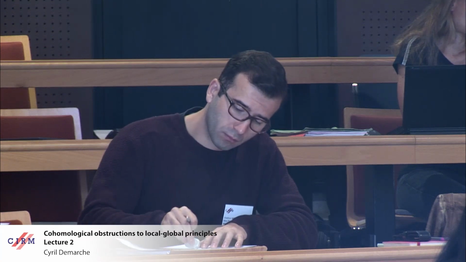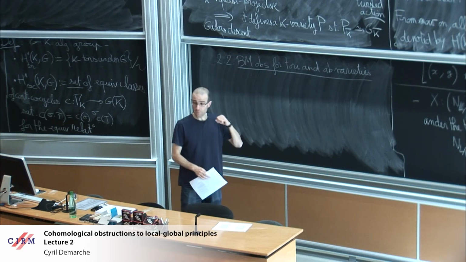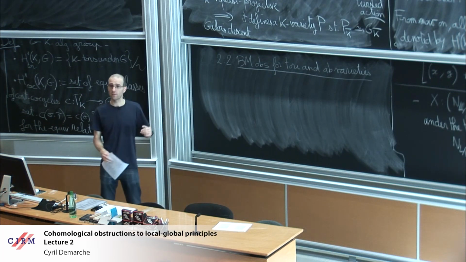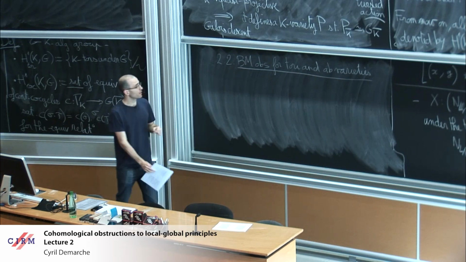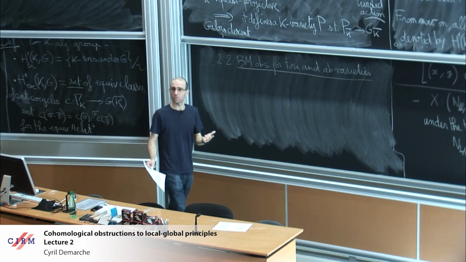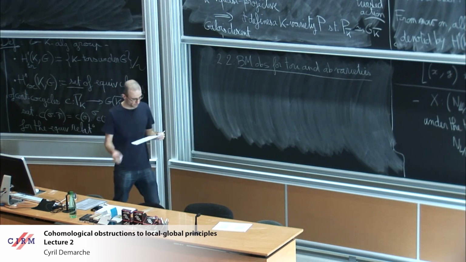So we want to prove that given a torus, or an abelian variety, and given a torsor under this torus or this abelian variety, is the Brauer-Manin obstruction to the Hasse principle and to weak approximation the only one for such a torsor.